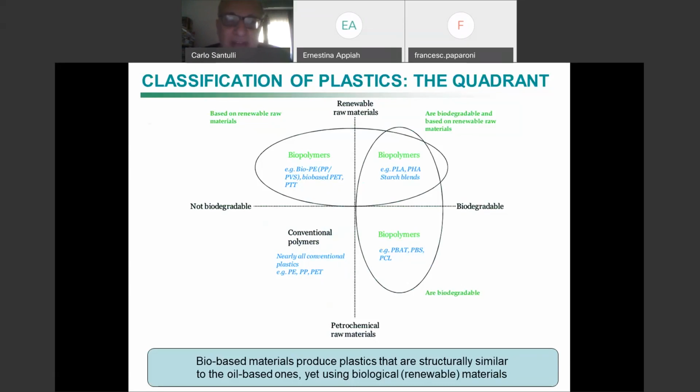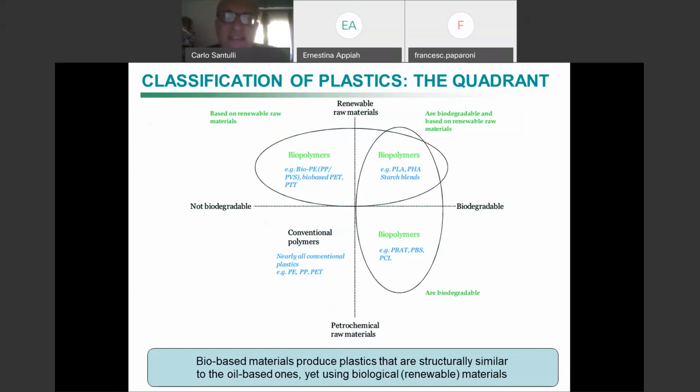Then top left, there is a possibility to produce the same plastics, because we are very happy with polyethylene, polypropylene, polystyrene, polyethylene terephthalate, etc. We are very happy with them because they are light, they cost little, they can be used for a number of purposes.